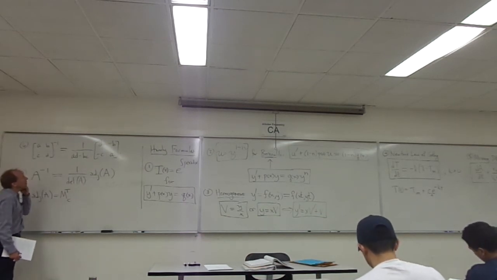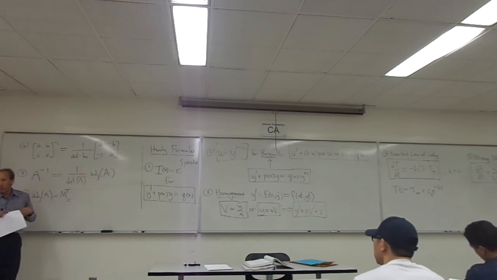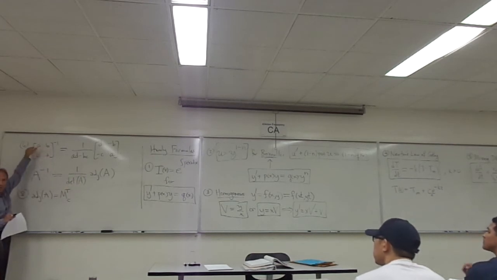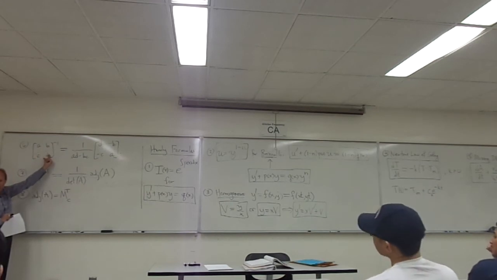So let's do a real quick example. If I take ABCD and I want to know the 1,1 cofactor of this matrix, remember how you get it. You cross off the first row and column. That leaves you only D, right?